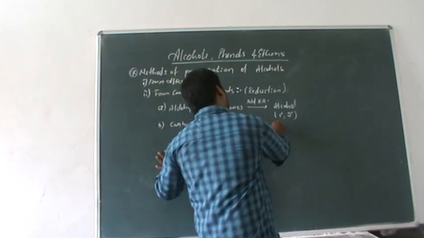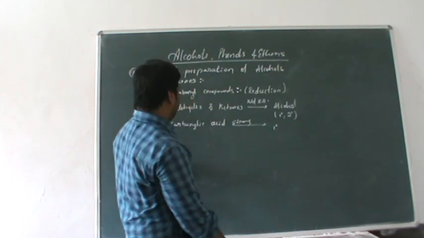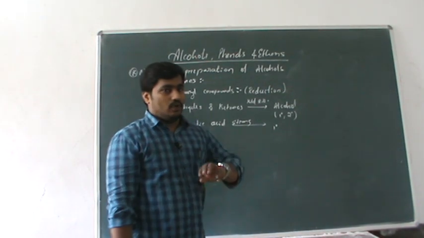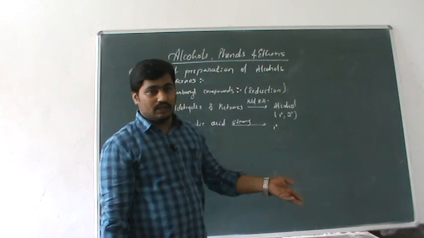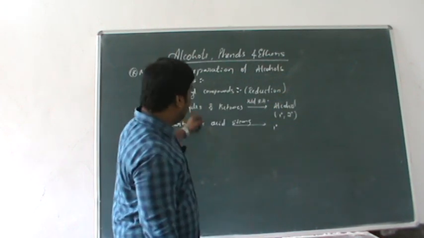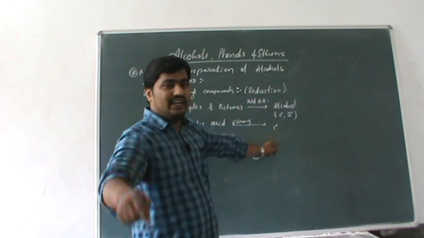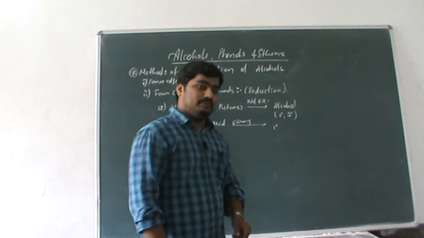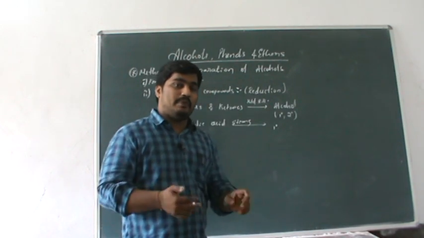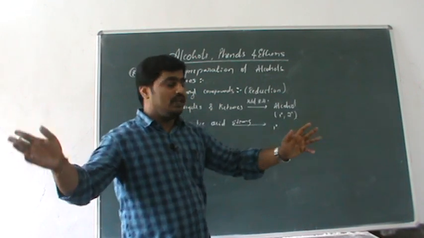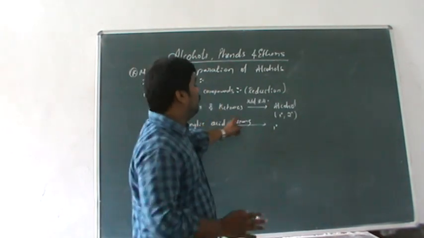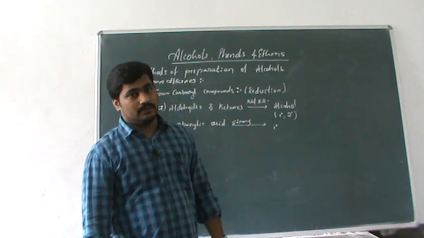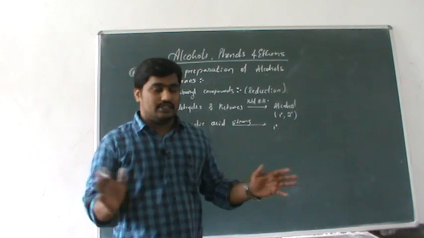Primary alcohol is produced from carboxylic acid because the carboxylic acid group is at the corner of the chain. Aldehyde gives primary alcohol because the aldehyde functional group is always present at the corner. The ketonic functional group is present in between the chain because two R groups are already attached, therefore it gives secondary alcohol under this reduction process. These are all very important.